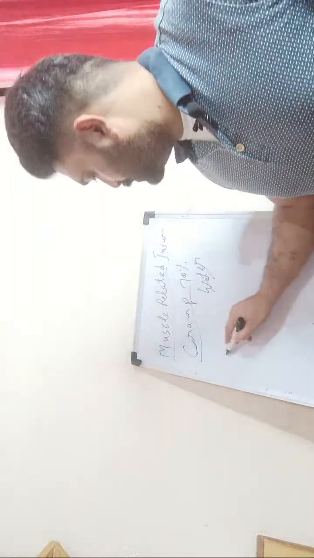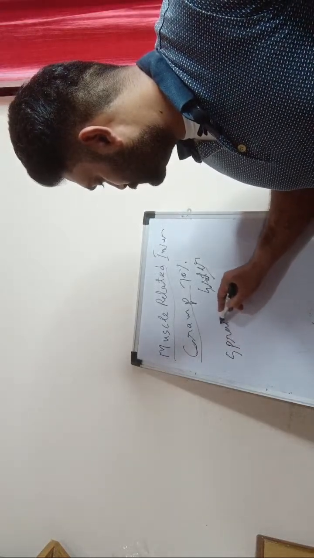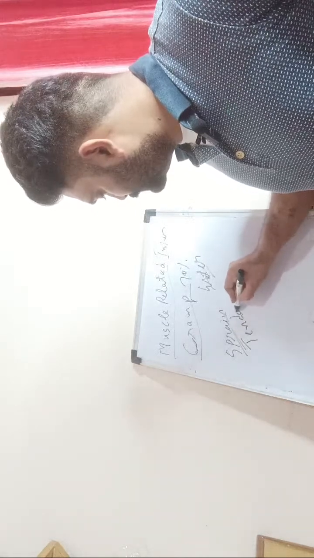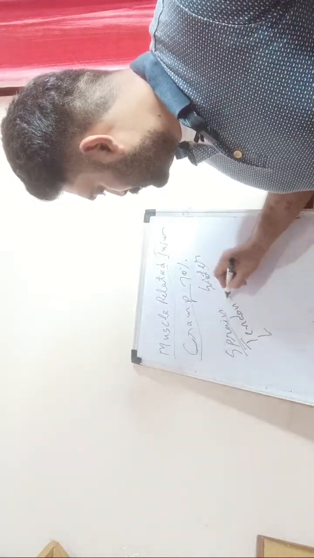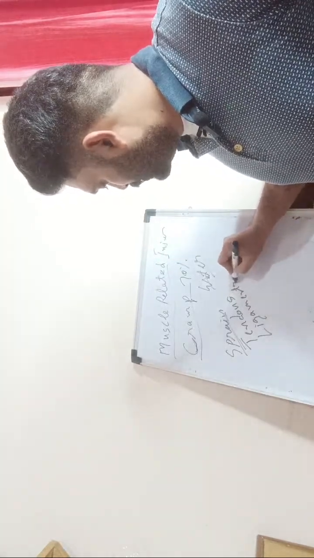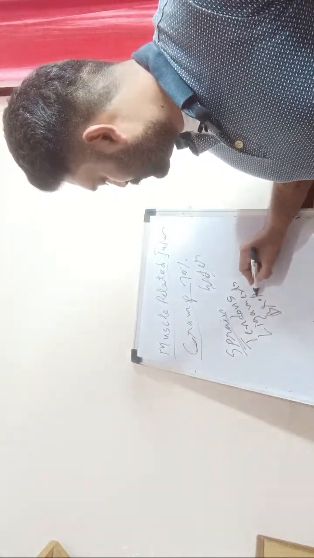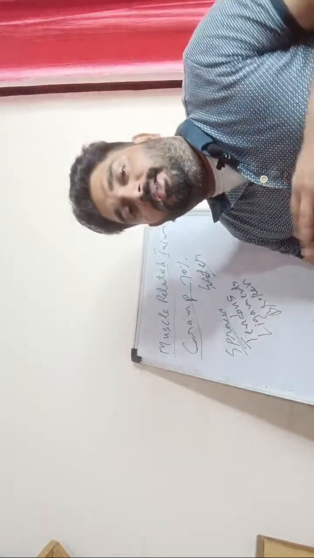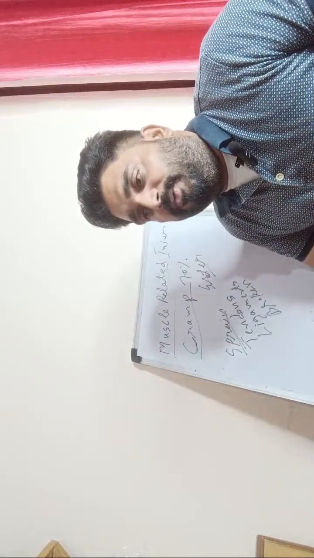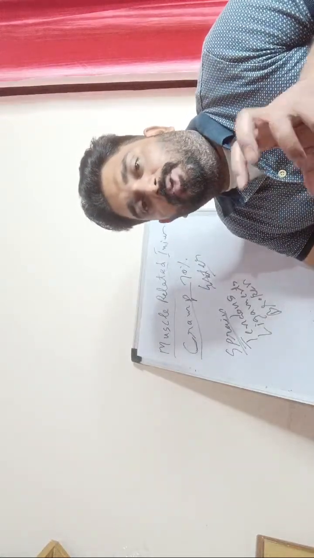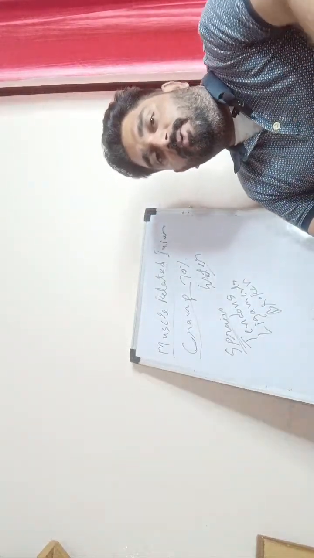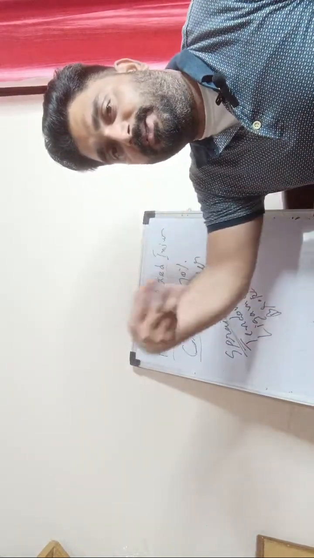The next is sprain. When the tendons and ligaments are broken. The tendons and ligaments are present in our joints, and mostly while running or jumping, the ankle joint is twisted, like the wrist is twisted.